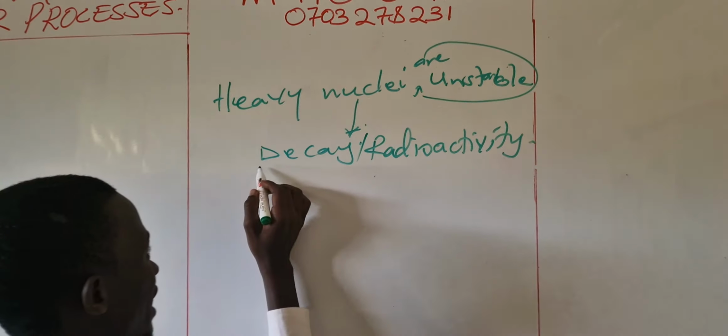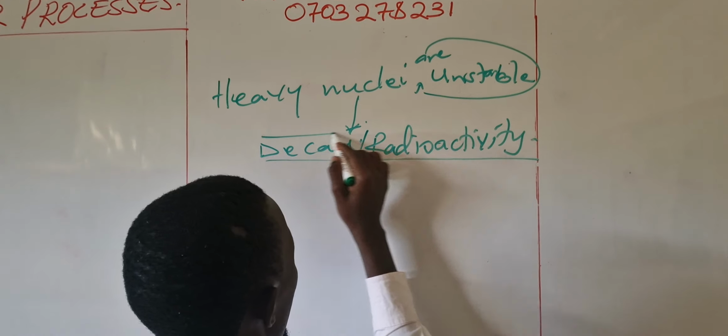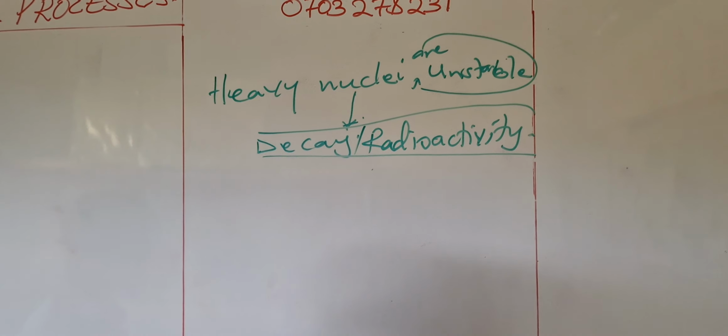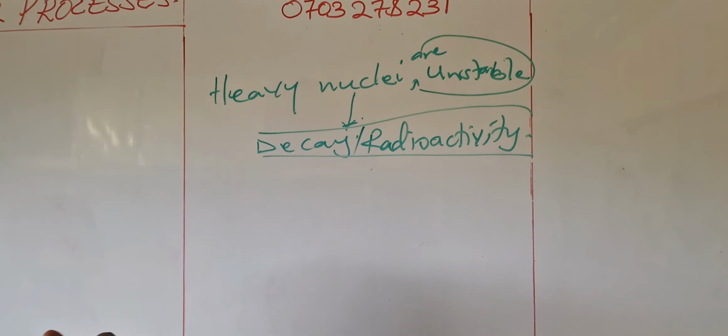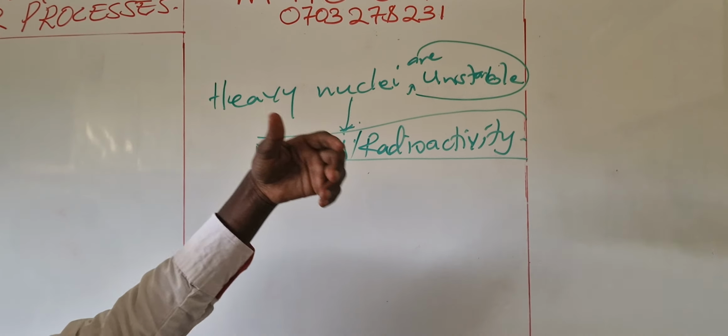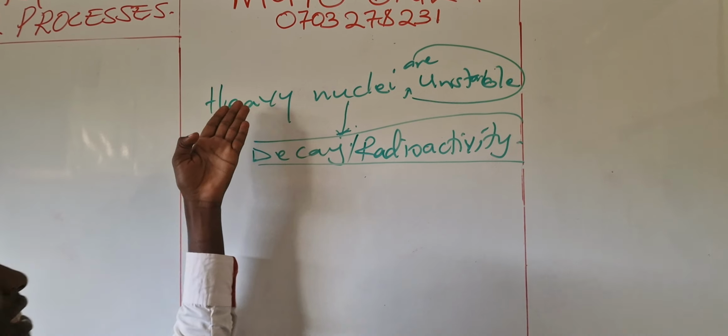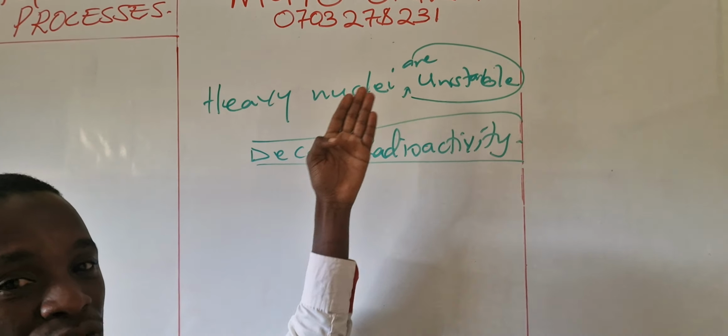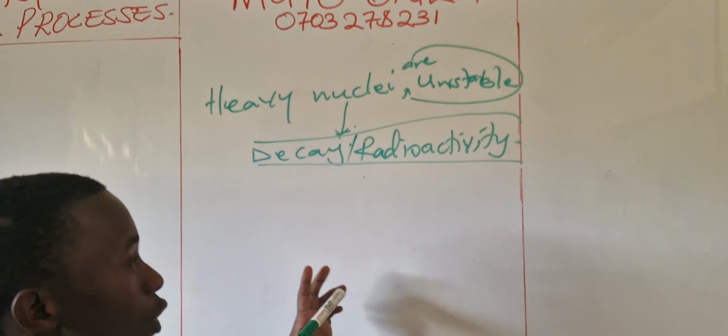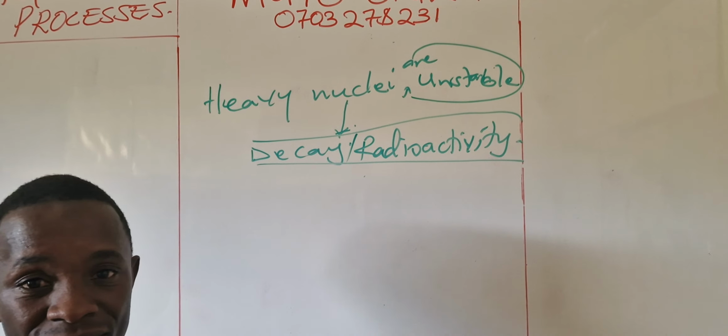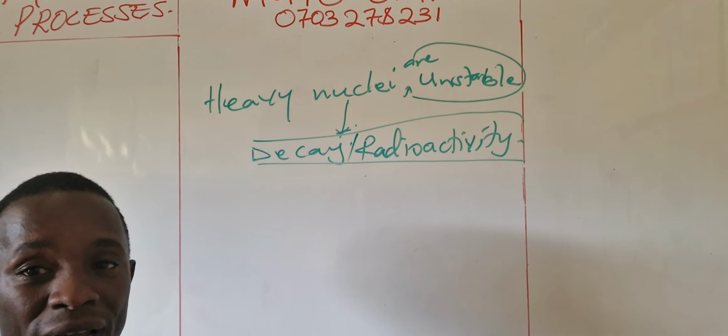This process, what we call decay or radioactivity, will always be the spontaneous or continuous disintegration of these heavy unstable nuclei to form stable nuclei with emission of particles.